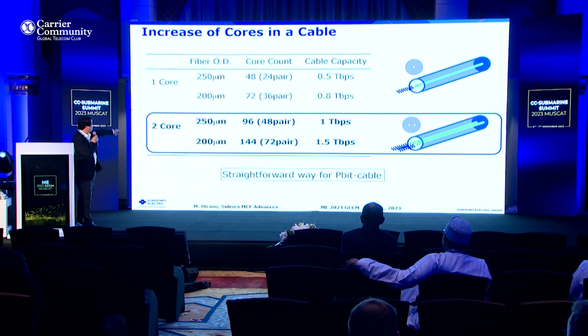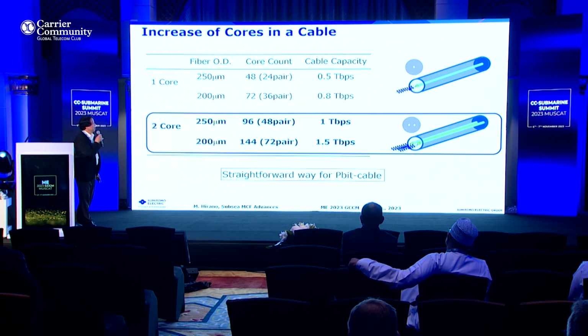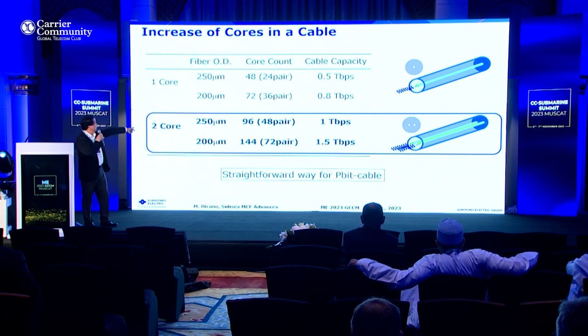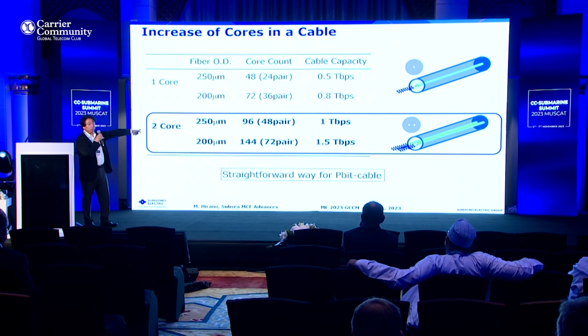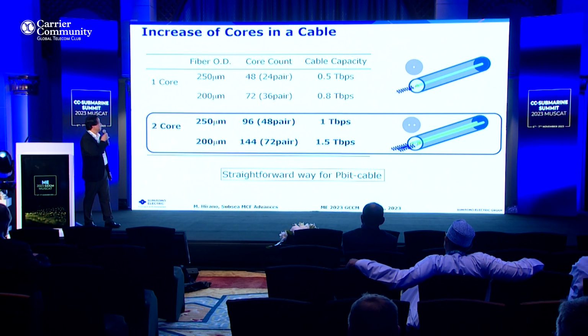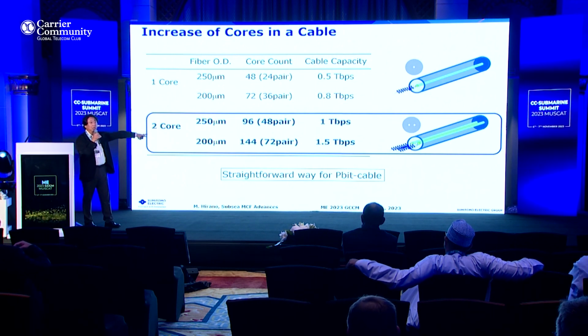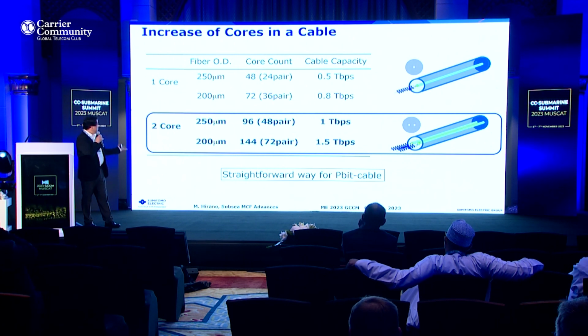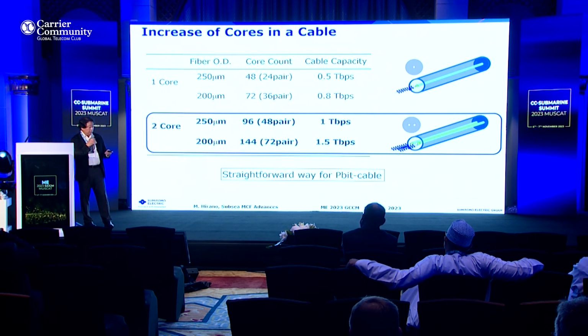Simple way, 2 core fiber, that is 2 cores in a single fiber. Okay, in the same fiber dimension, 48 pairs with 24 fiber pairs can be realized. So the cable capacity will be ramped up to 1 petabit. So I believe that the 2 core fiber is a straightforward way for a petabit cable.